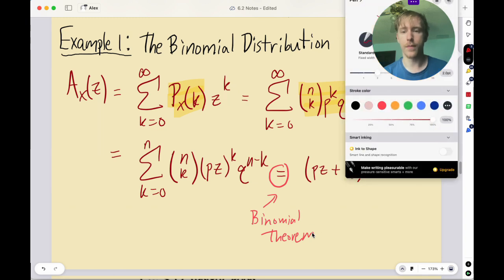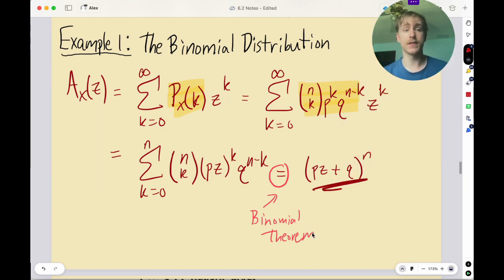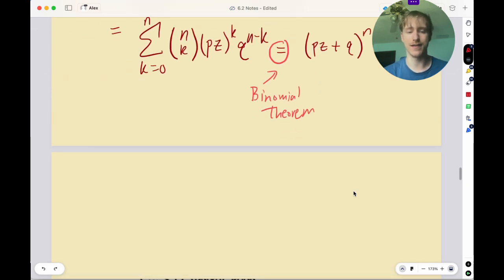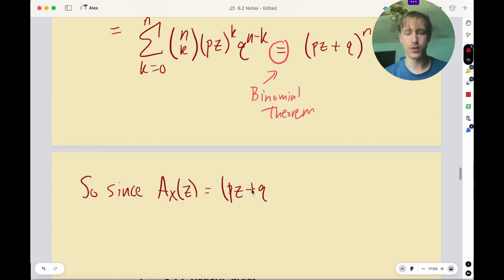Okay, now, this is fine. This is a good generating function for the binomial distribution. Sometimes you can call it probability generating function if you want, but to find the expected value then, okay, since we found the generating function to be pz plus q to the n, we know that the expected value is just simply the first derivative evaluated at 1.